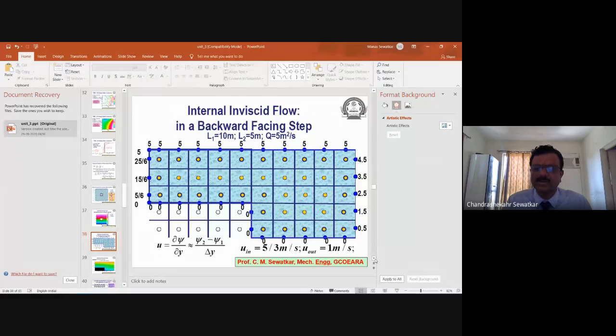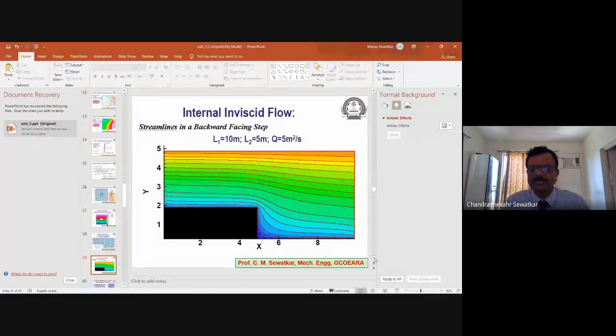The same equation, del 2 psi by del x square plus del 2 psi by del y square, can be solved, and the solution can be obtained for the streamlines. Psi represents a streamline, and again you can see there is no vortex formation. In a real situation there should be vortex formation, but since there is no convection present, only diffusion, there is no vortex formation in the flow.